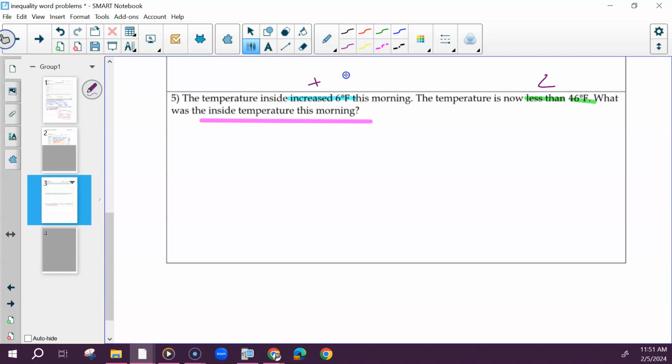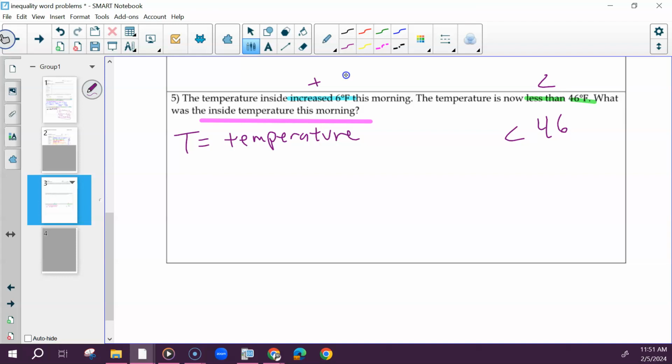We need a variable for the temperature. We can call it T. I'm going to put it as capital T. I would do it as D for degrees, because the T is like addition. Less than 46 would be less than 46. How would we write the rest of this?